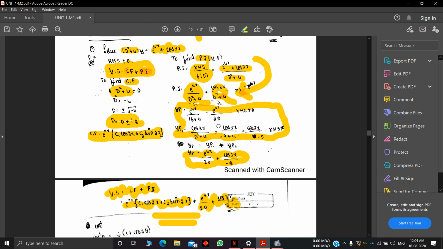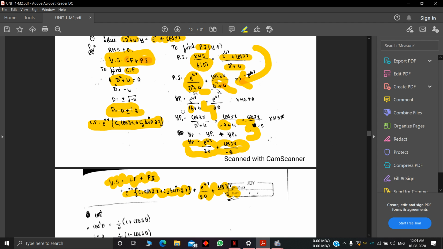If you have noticed the 16 and minus 9 here, do you wonder how it came? The D value is 4 here and the D value is 3 here.